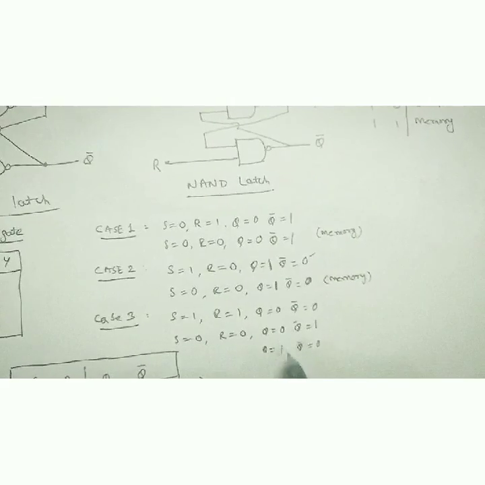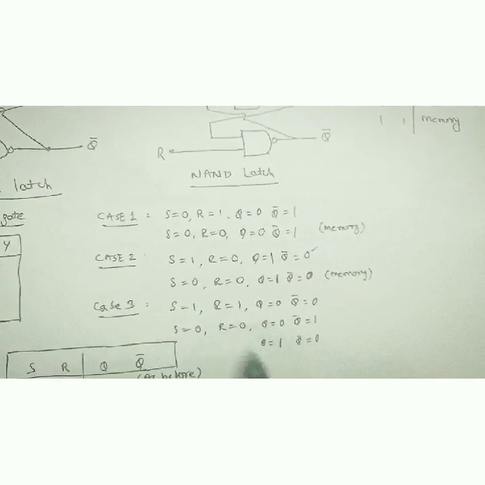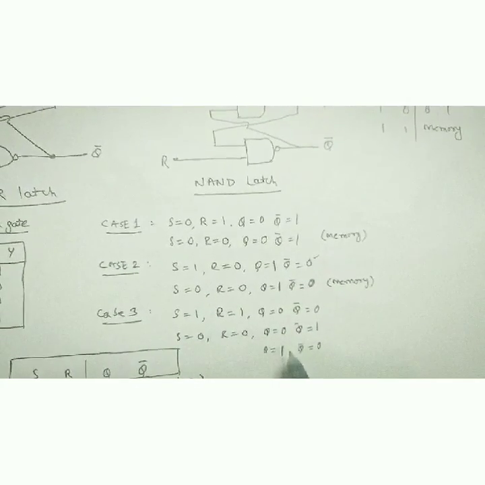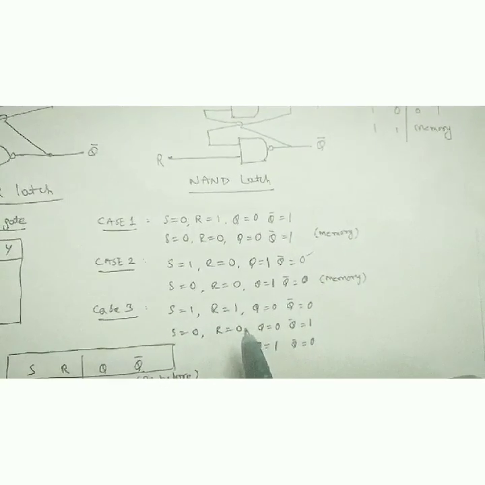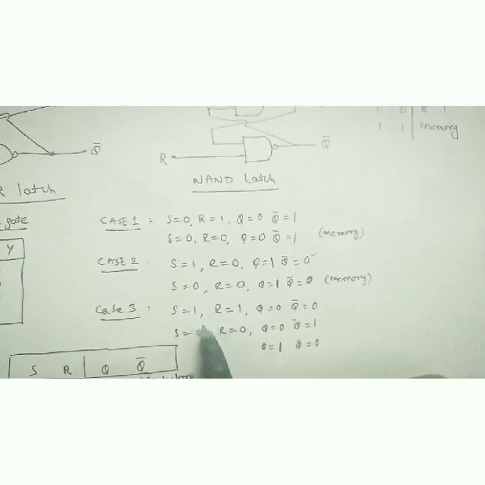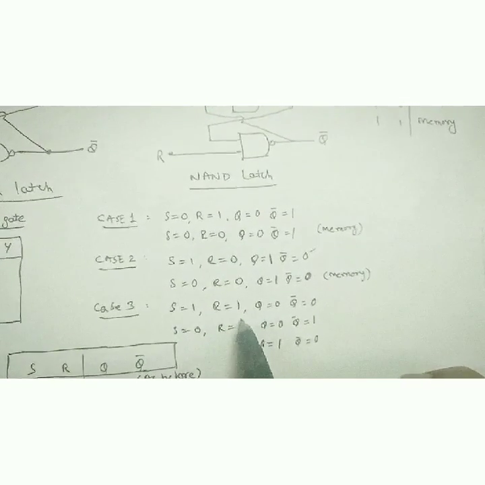So this is invalid, and also this type of state is not used. So that is why in SR latch, when both the inputs are 1 1, that is not used, or it is known as an invalid state.